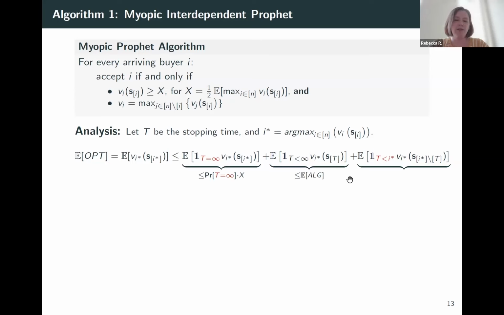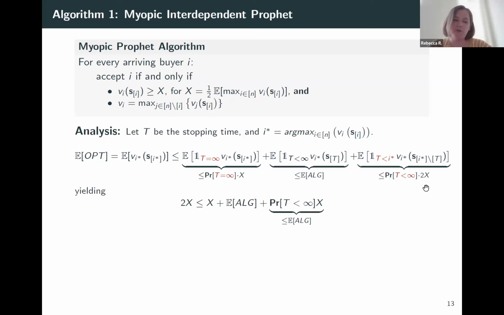The second part, well, this is the value that we actually see in the algorithm and that we pick the current maximum at. So at time t, we look at what is already there in values and we pick the best. So this is something we actually realize in the algorithm. And then the last part, we can only bound by being not more than essentially the optimum. So 2x we write. Let's put this together.